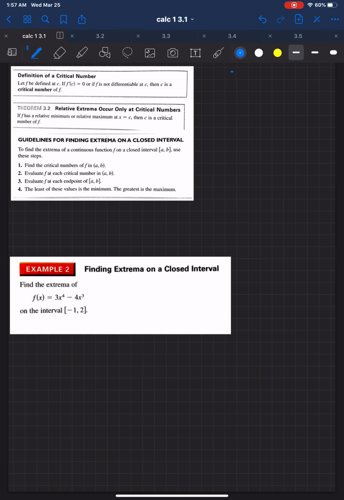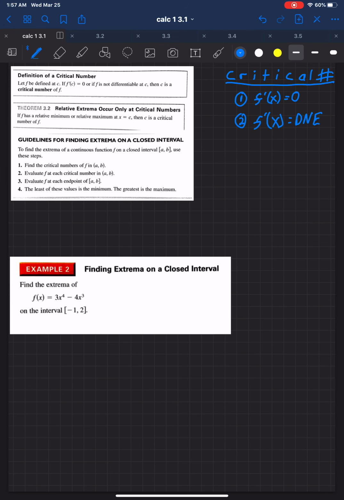So critical numbers occur when either the derivative is equal to 0 or the derivative does not exist.